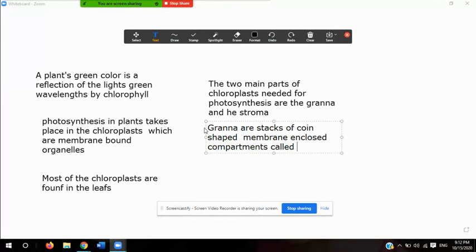It says the membranes of the thylakoid contain chlorophyll and other light absorbing molecules. So basically, this is in the chloroplast. Chloroplasts are in the leaf, and they have the coin-shaped structures called thylakoids.